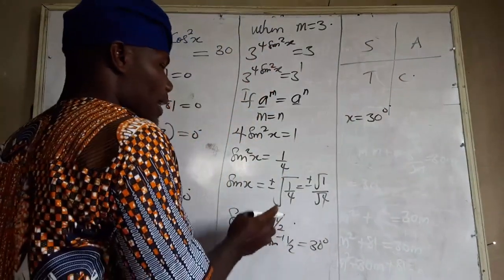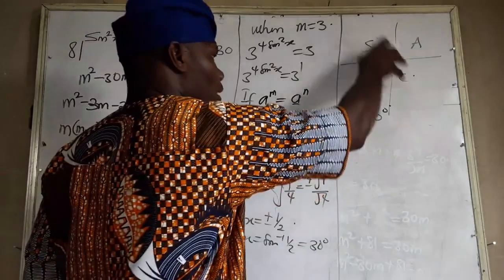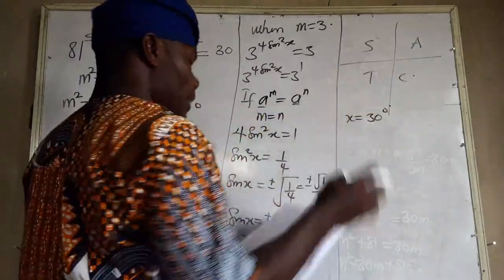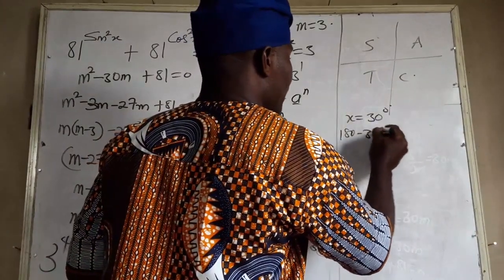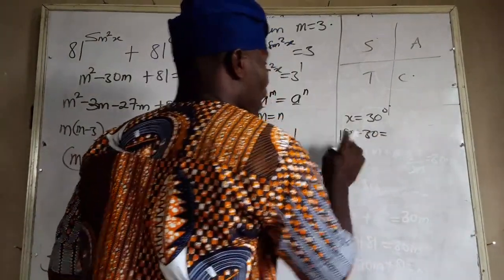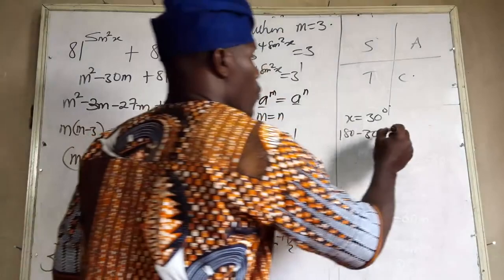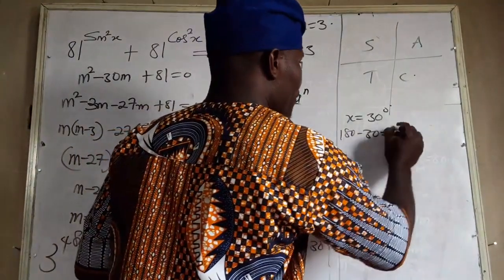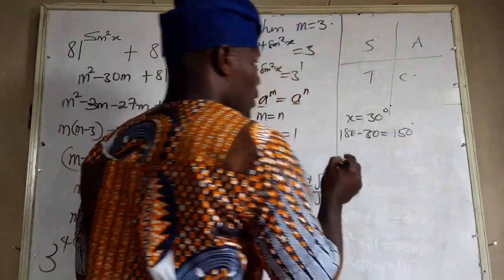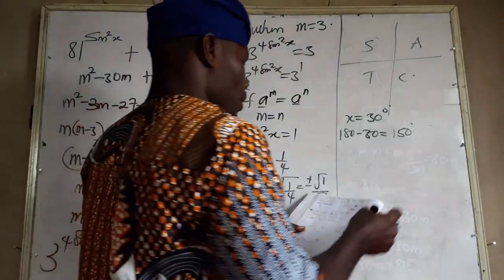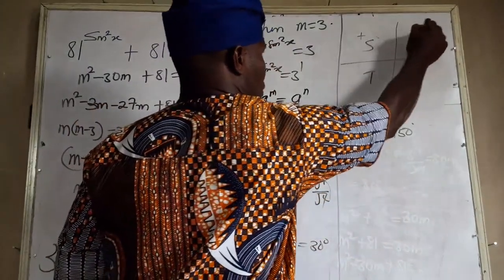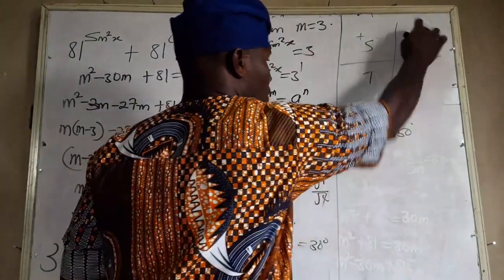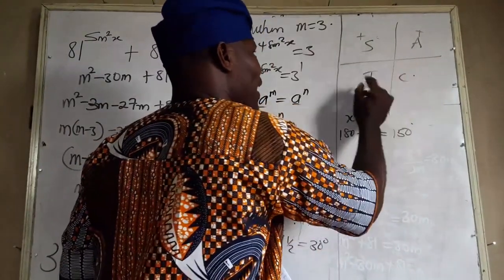In the positive side, the other one will give you 180 minus 30, which is equal to 150. Sine 30 is positive, sine 150 is positive as well.